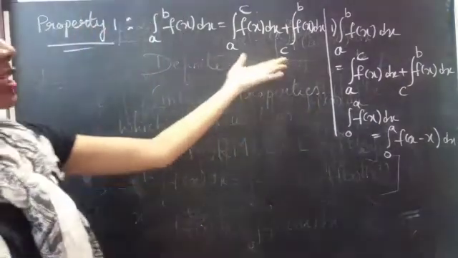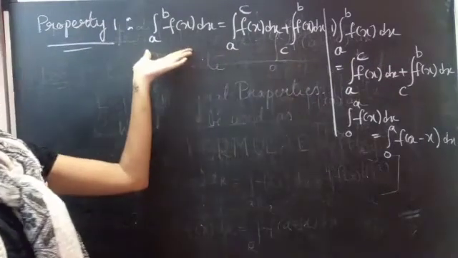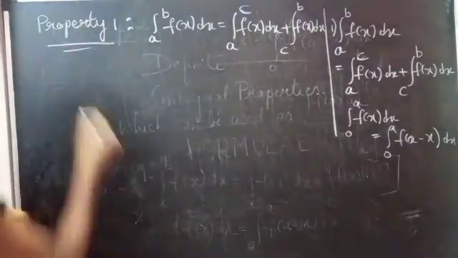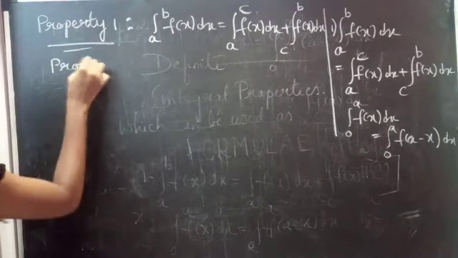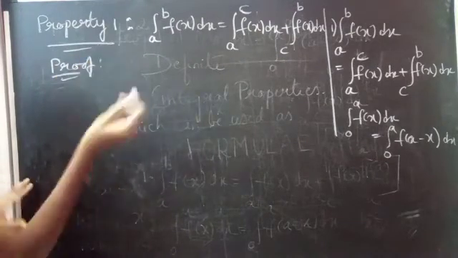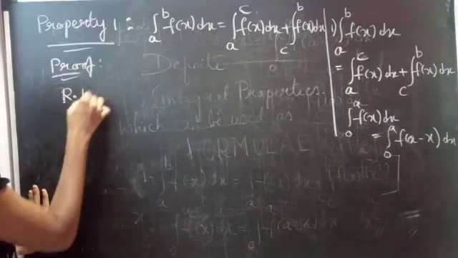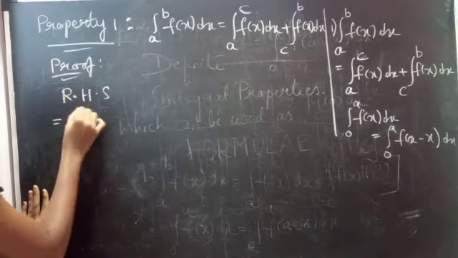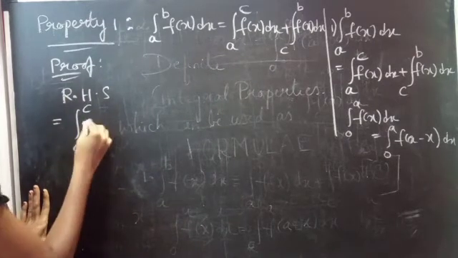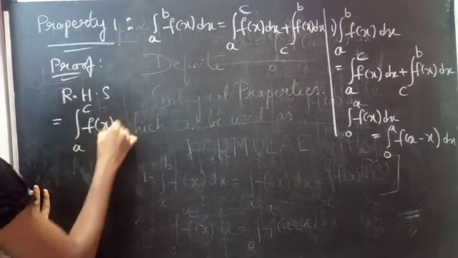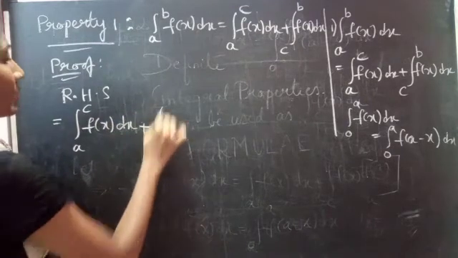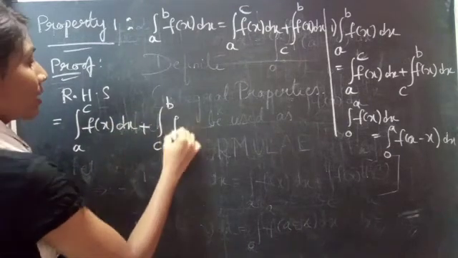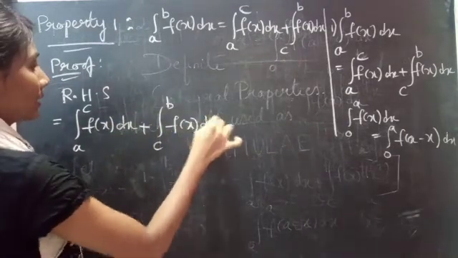So we'll consider the RHS and prove it equals the LHS. Proof. We have the RHS, which is equal to integral a to c f of x dx plus integral c to b f of x dx.